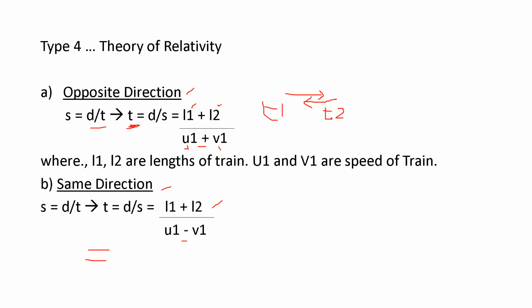That is, if a train is moving at 40 kilometers per hour and the other train is also moving at 40 kilometers per hour, then the relative speed is felt to be 0, U1 minus V1. That is, our train seems not to be moving. Okay, so these are the two formulas: opposite direction and same direction.